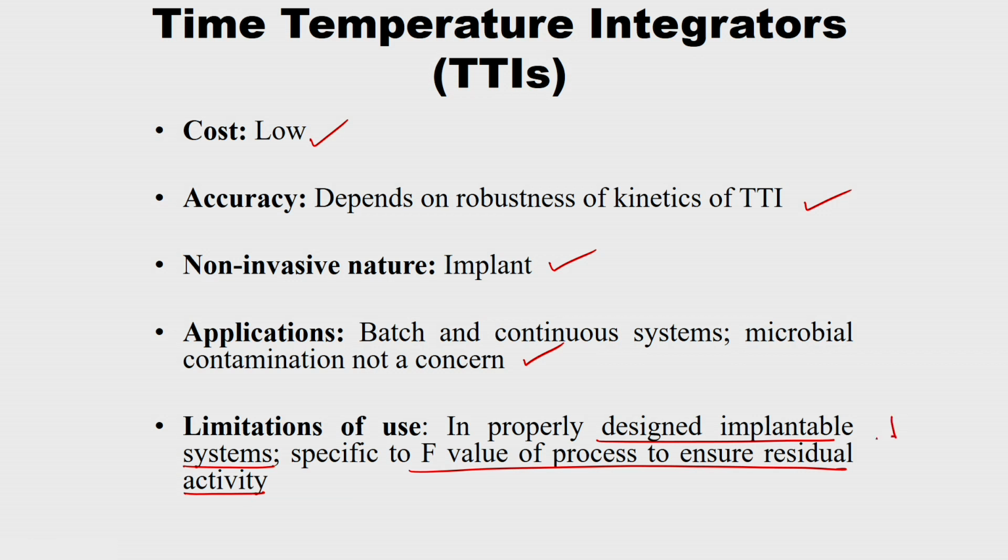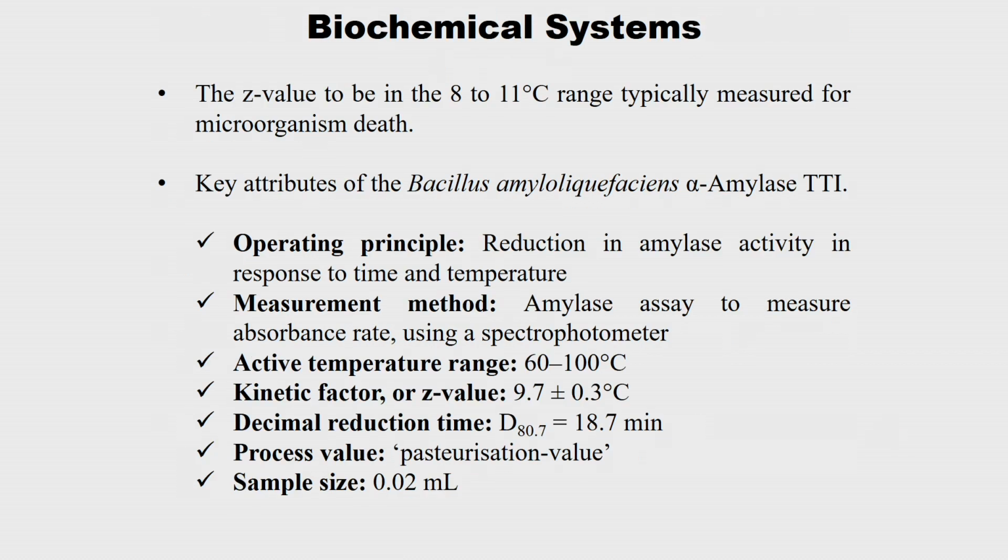So, as I told, it should have the same kinetic parameters as the target organism. That is very much important. So, for the biochemical system, the Z value should be 8 to 11 as we already told, the reference temperature as well as the Z value should be the same, and the D value should be higher to withstand that particular temperature.